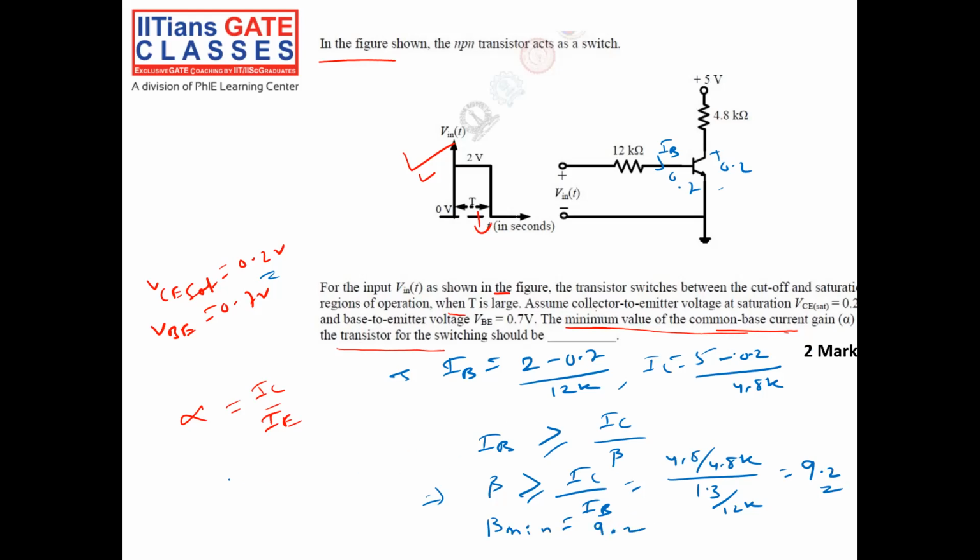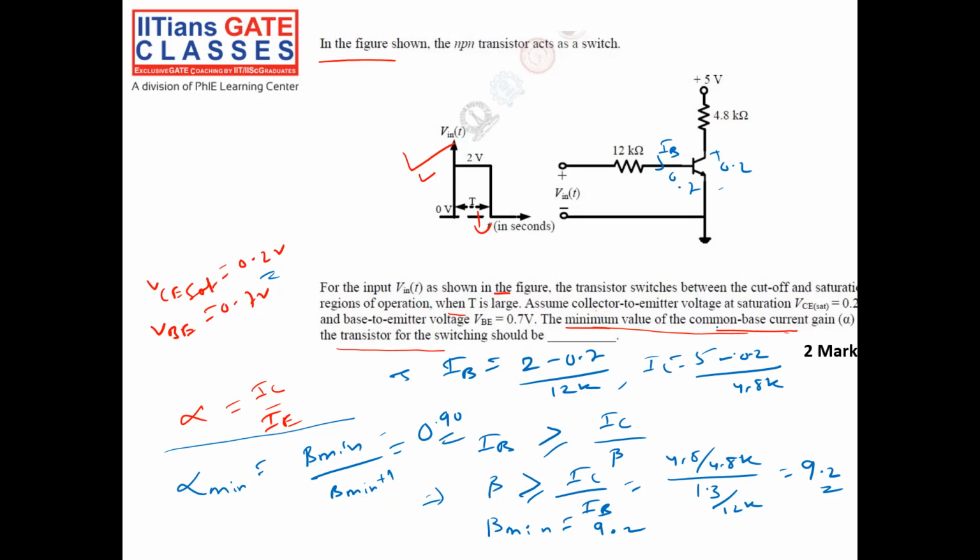Okay. If beta minimum is 9.2, we know alpha minimum is equal to beta minimum divided by beta minimum plus 1. This is equal to 9.2 divided by 9.2 plus 1, which is 0.90.